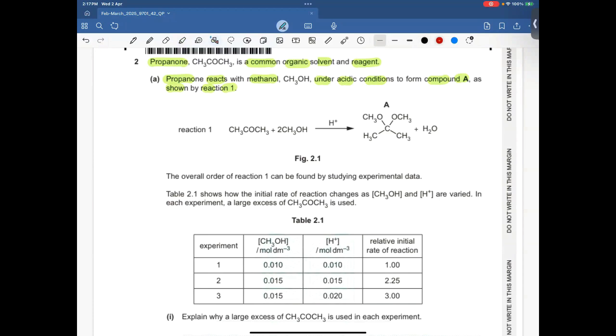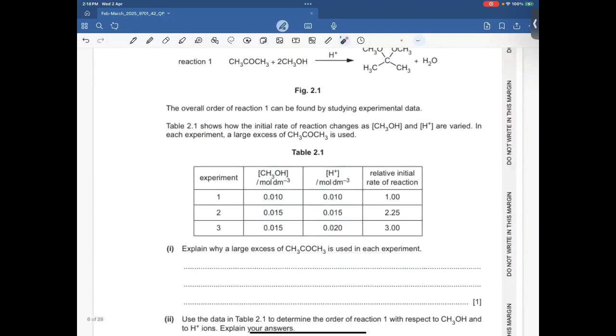Most likely, this acidic condition refers to a catalyst. So this acidic condition increases the rate of reaction. The overall order of reaction 1 can be found by studying experimental data. That's a very unusual reaction, by the way. Anyhow, let's move on to the next part.